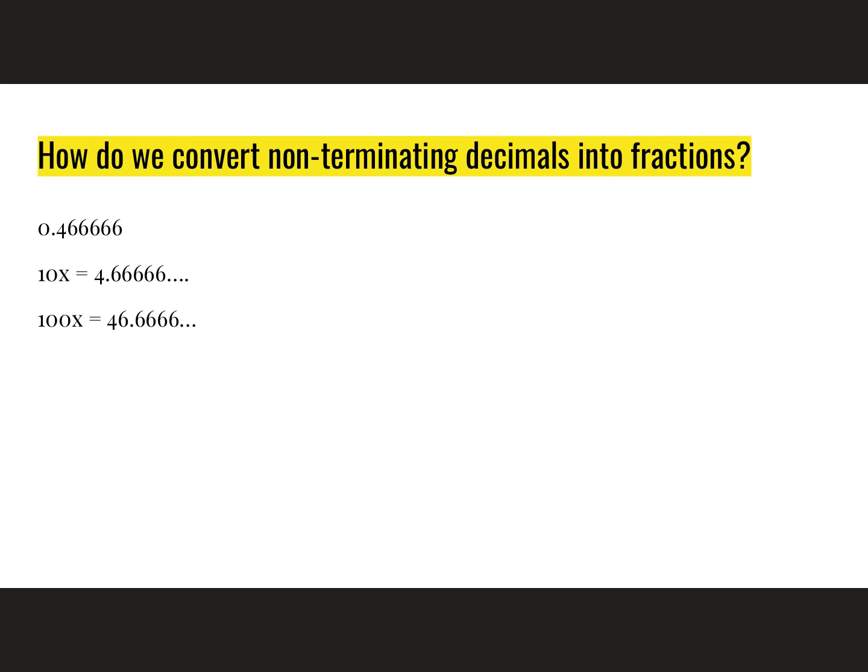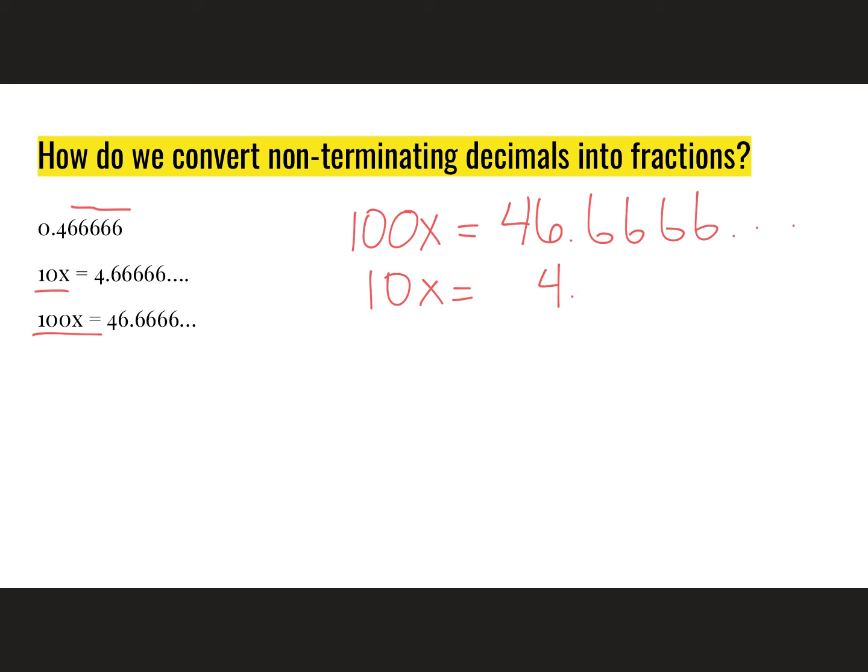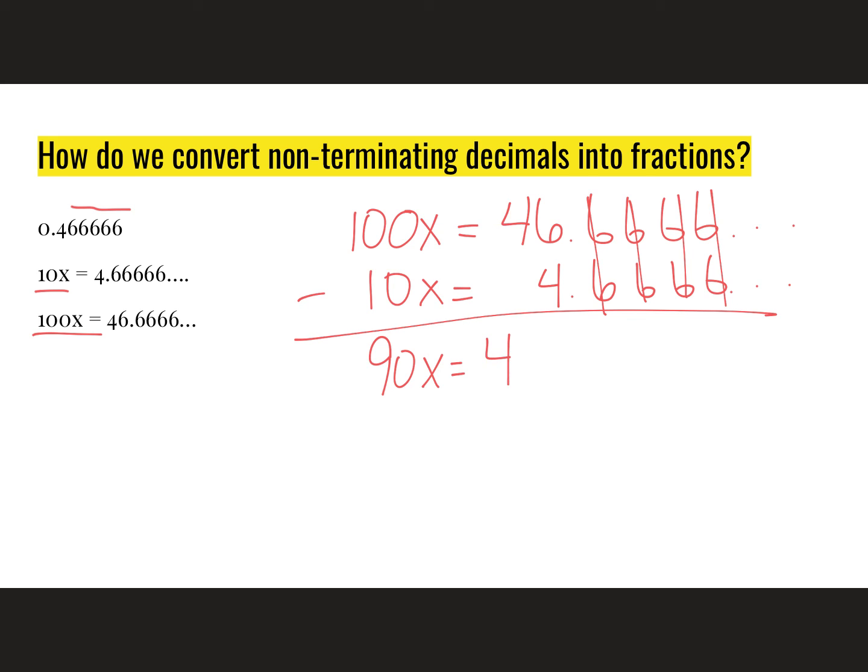Okay, let's look at one more. What about this one, where only the second digit repeats? This is 0.4666666 forever. In this case, I'm going to multiply by 10 and multiply by 100. So I have 100x equals 46.6666... and 10x equals 4.6666... Again, I am subtracting. 100x minus 10x is 90x. 46, this part cancels, 46 minus 4 is 42.